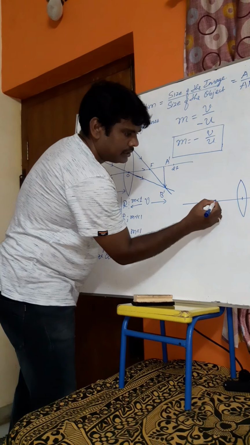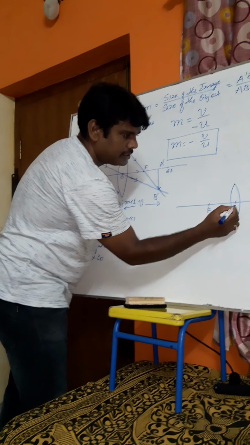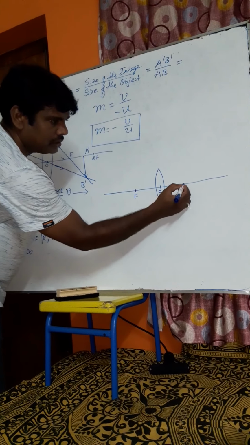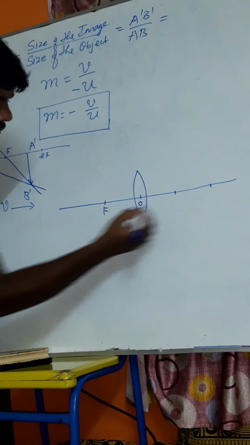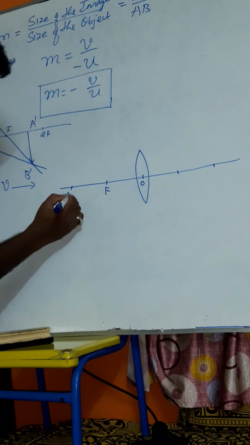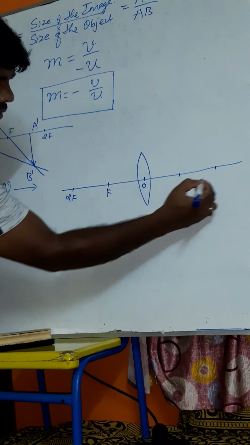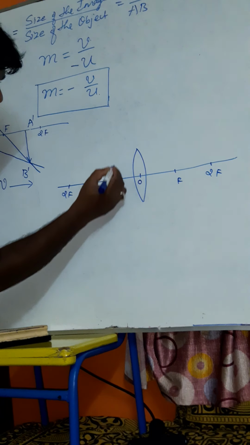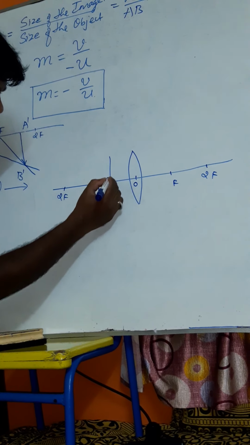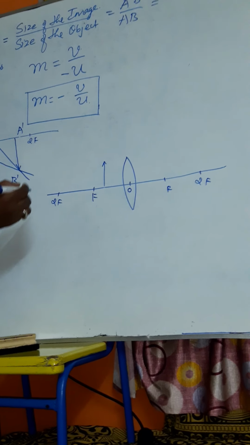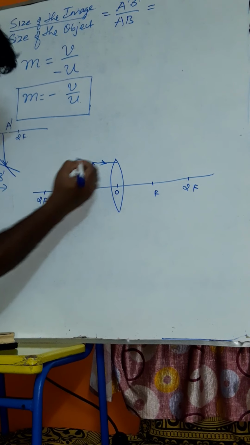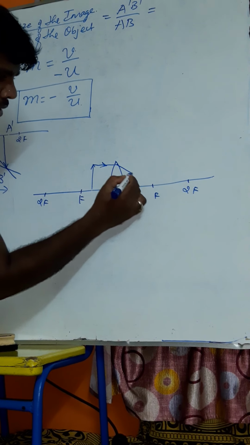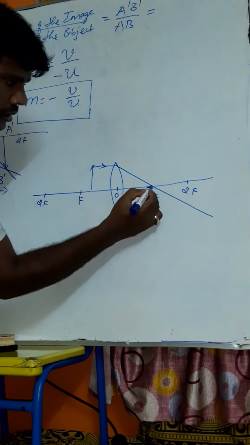See here, this is f, here is the object, the optic center, here is also f, and here is 2f. If the object is placed somewhere here, how do we draw the ray diagram? You know that. One light ray parallel to the principal axis must pass through the principal focus. Another ray passes directly through the optic center.